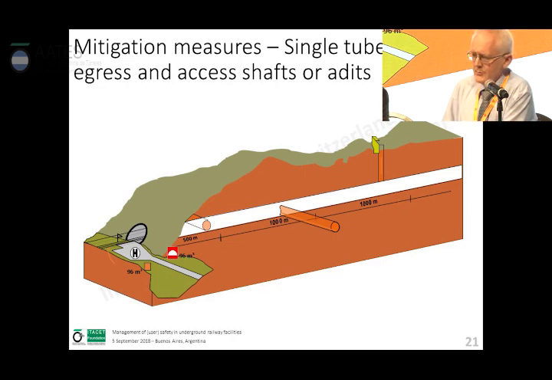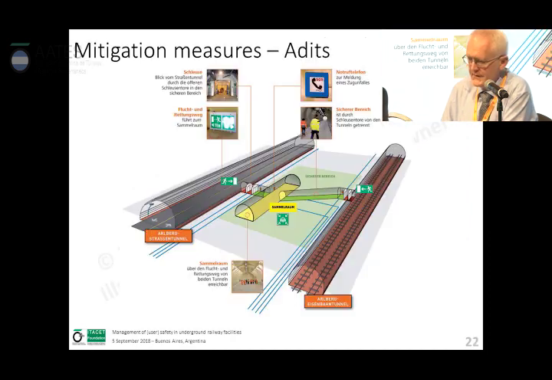Here you are supposed to introduce egress shafts or adits to allow at regular distances an egress. I guess the minimum standard today is to have such a shaft every 1,000 meters, but there are a couple of projects where the distances are shorter. So this is as well a major mitigation measure to allow egress and access by emergency forces.